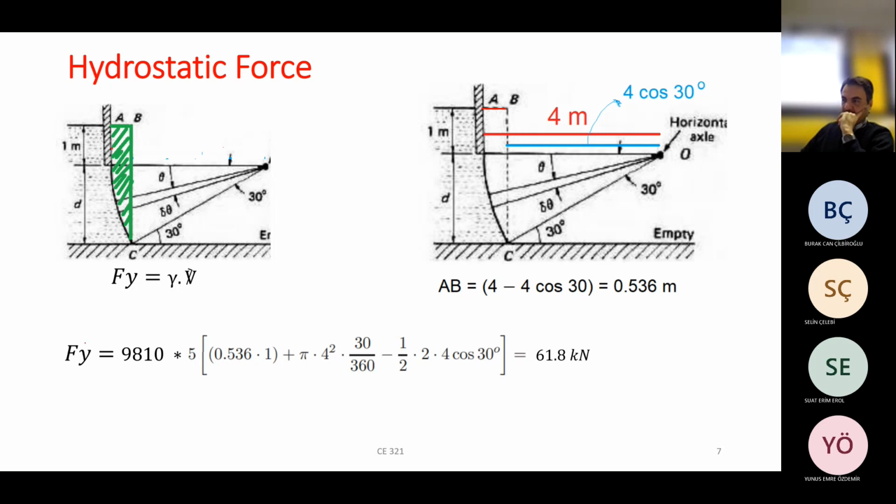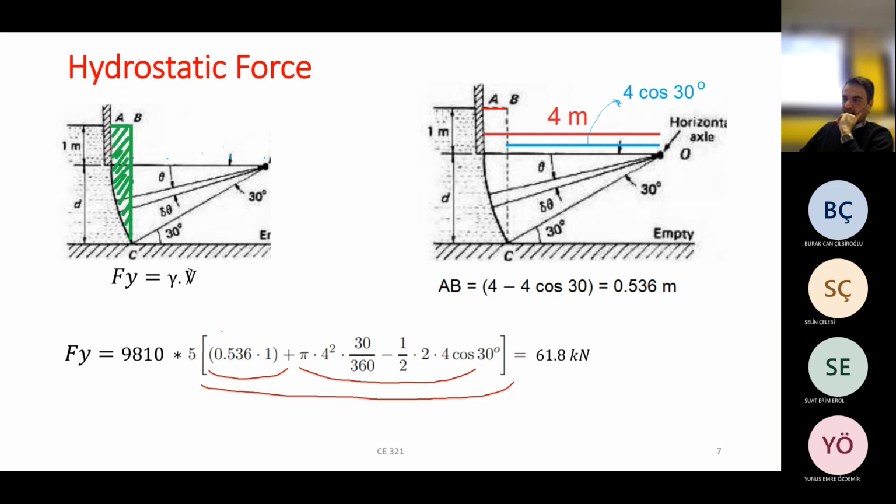Fy, or the weight of this water, equals gamma and volume. Volume is width times area. From here to here, this term shows this area. For the calculation of this area, I use two terms, one sub-area and another sub-area.